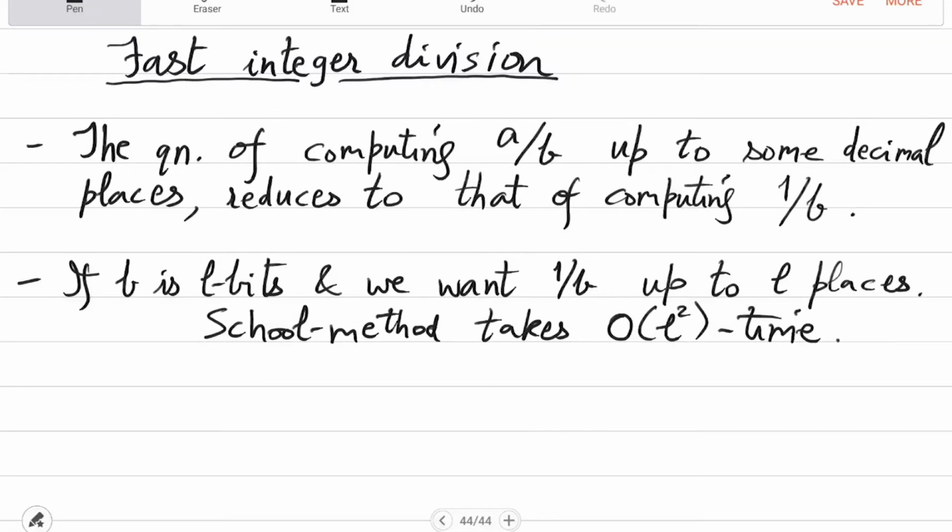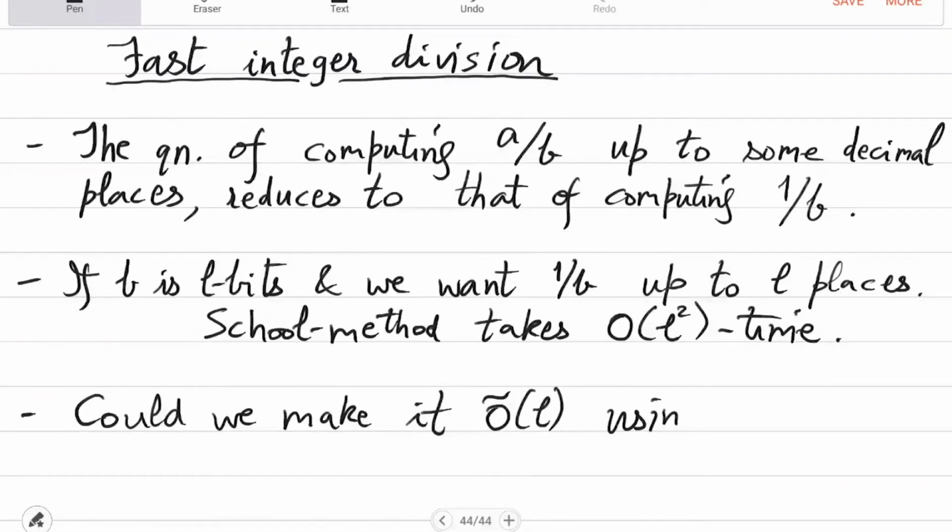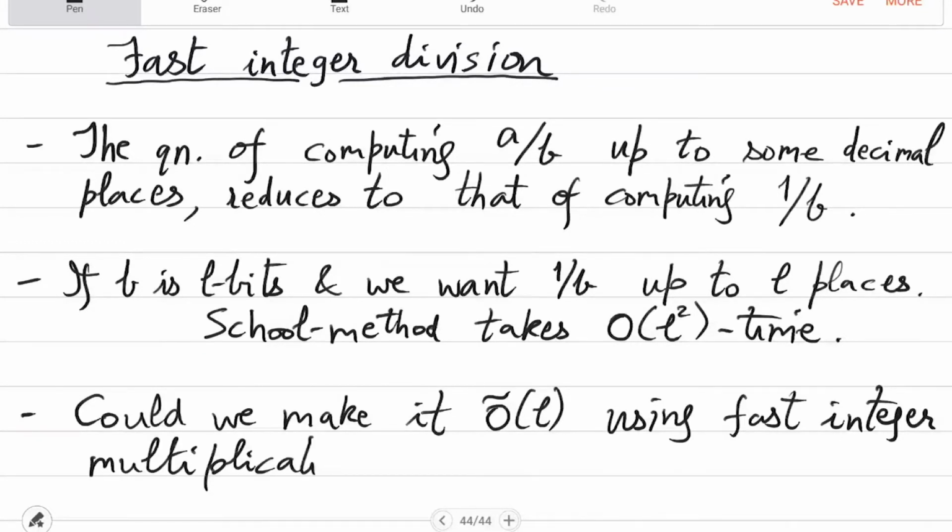So you cannot think of a simple way to improve on L square. Okay, L square is all you know at this point. So this is what we want to make O tilde L. So how do you do that? How do you use integer multiplication to make it O tilde L?